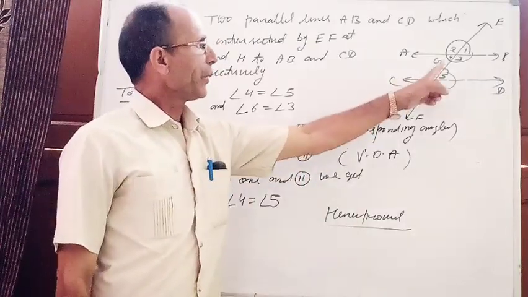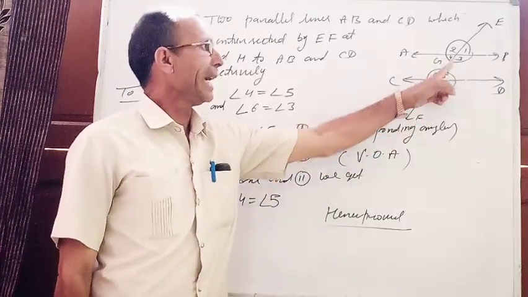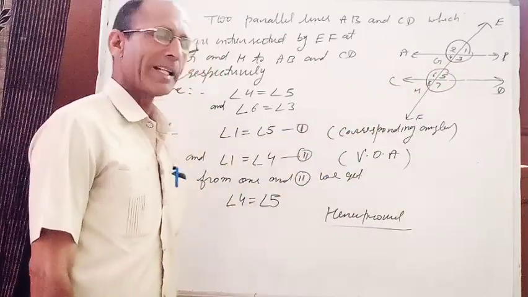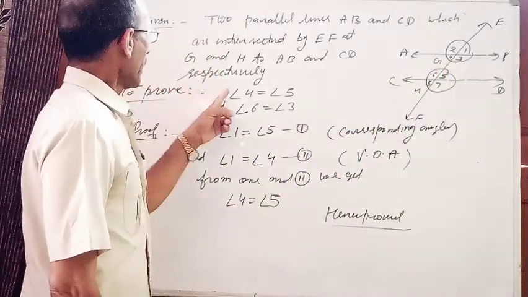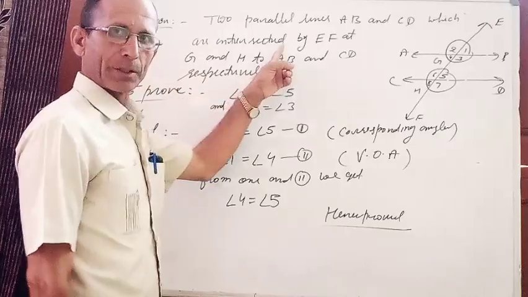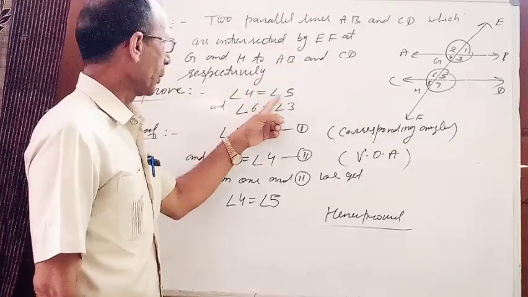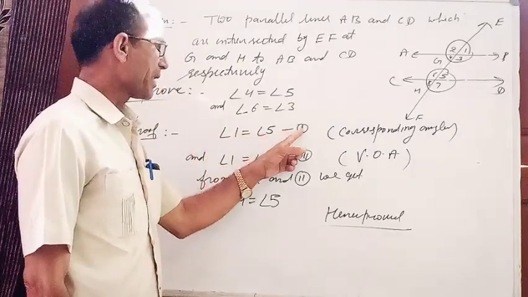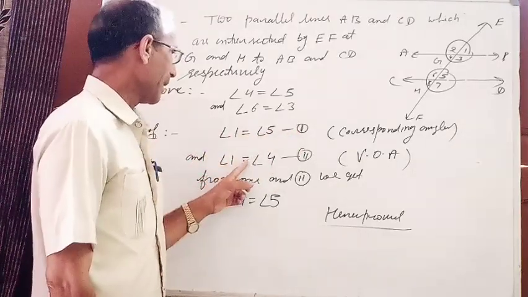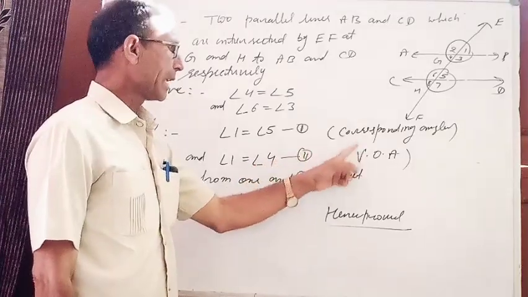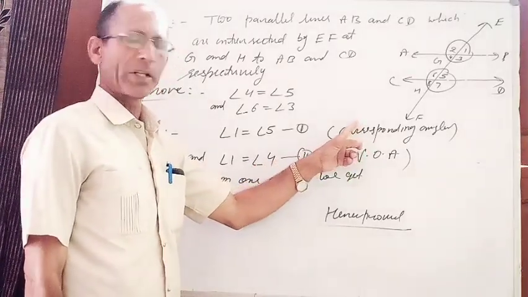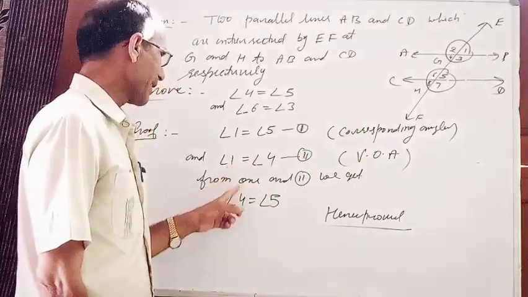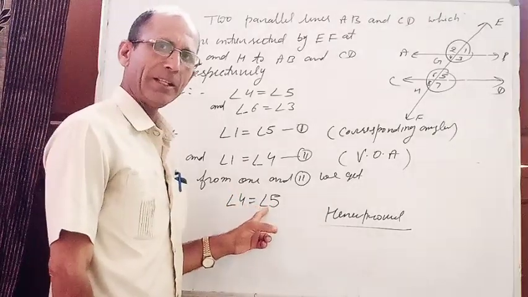We have to prove angle 4 is equal to angle 5 and angle 3 is equal to angle 6. Now angle 1 is equal to angle 5 and angle 1 is equal to angle 4, vertically opposite angles, and these are corresponding angles. So on comparing we got angle 4 is equal to angle 5.